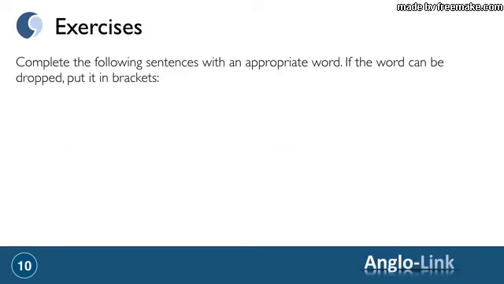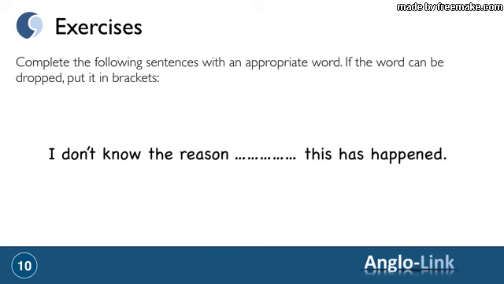Number 10. I don't know the reason this has happened. I don't know the reason why or that this has happened. You can drop the relative pronoun. I don't know the reason this has happened.